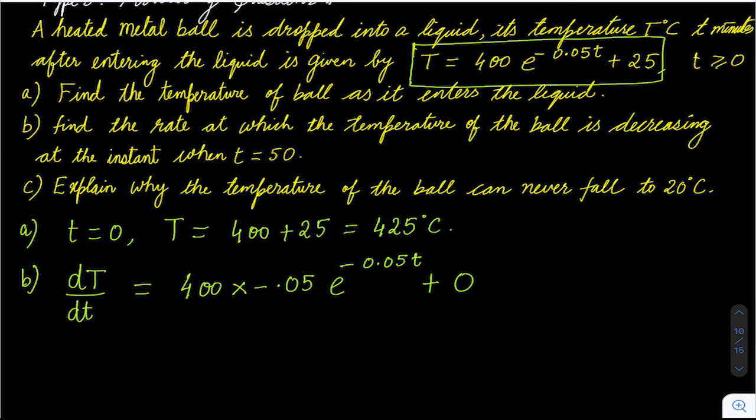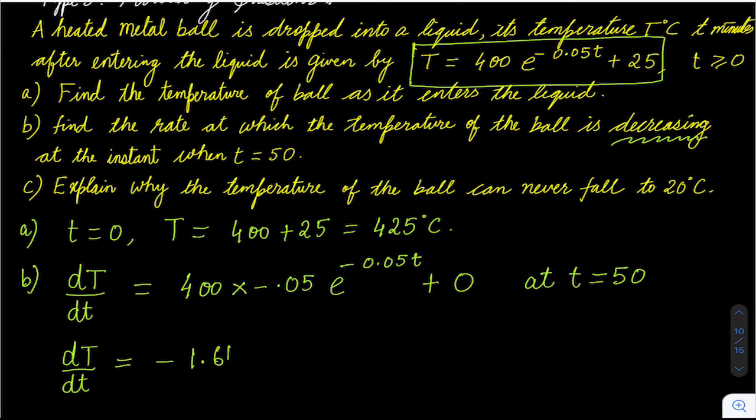And obviously because it is coming out to be negative, and anyways they have given it is decreasing, it means the temperature of the ball is decreasing. Okay, so what is this value coming out to be? We have to find it at a specific time, that is 50 minutes, when t is 50. So let's find this value.